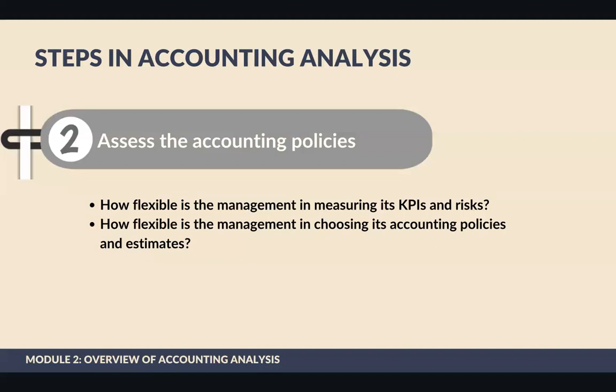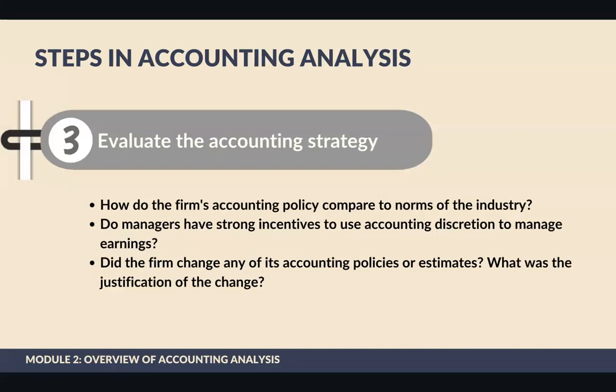Step number 3. You evaluate the accounting strategy. So, as mentioned in the previous video, I have said that the management has the option to choose the accounting policies, procedures, and estimates.